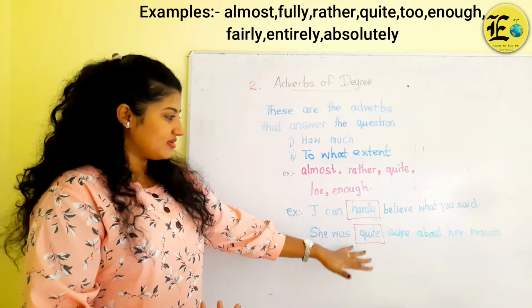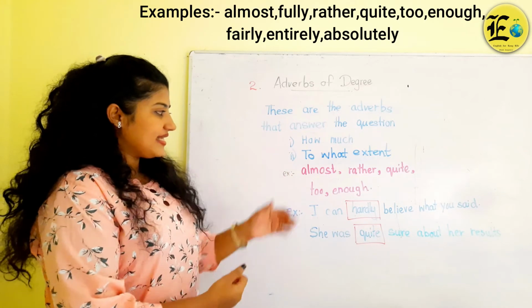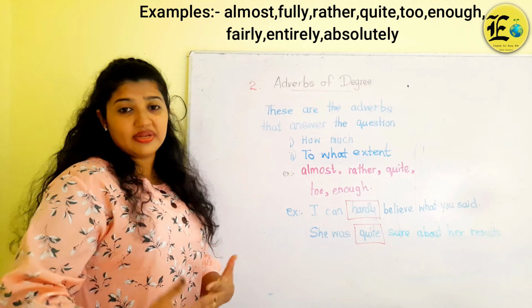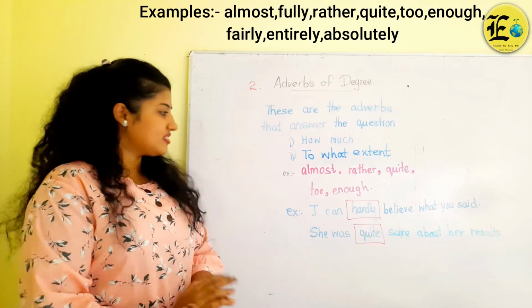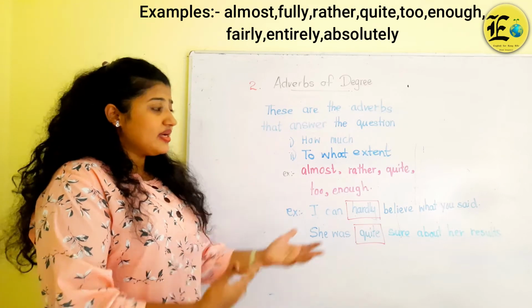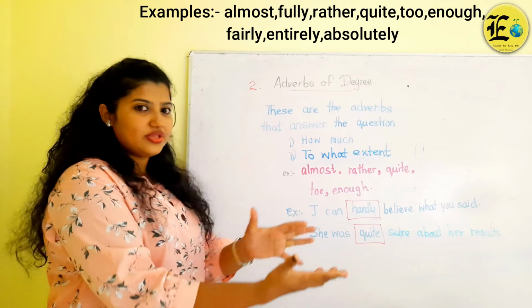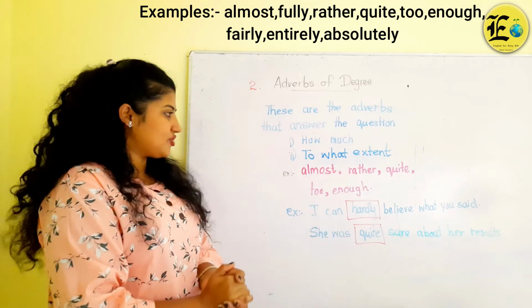I've used 2 examples here. Some more examples, like almost and rather: I almost believed her. There also you can see that I've used almost in the middle part of the sentence. She rather tell the truth. Before the verb you have rather, and rather comes in the middle part of the sentence.